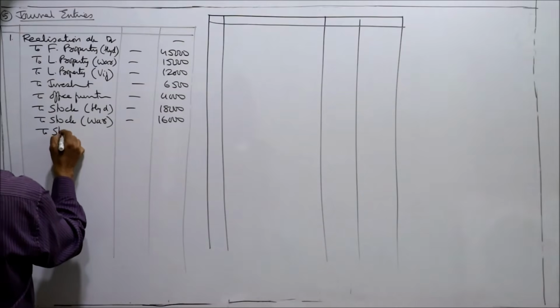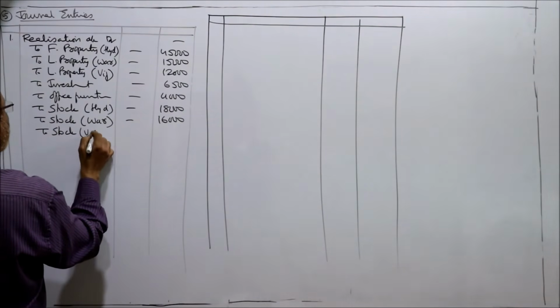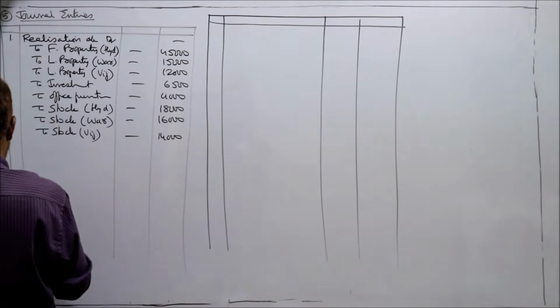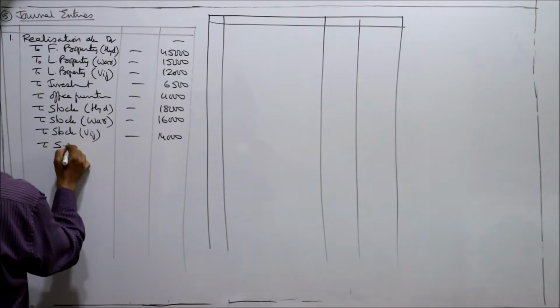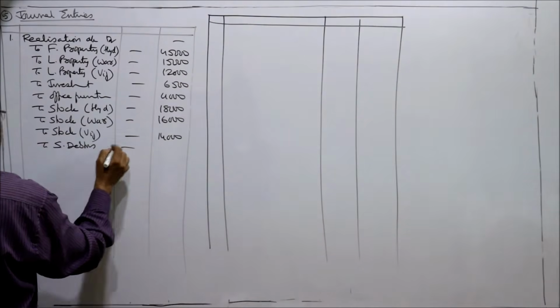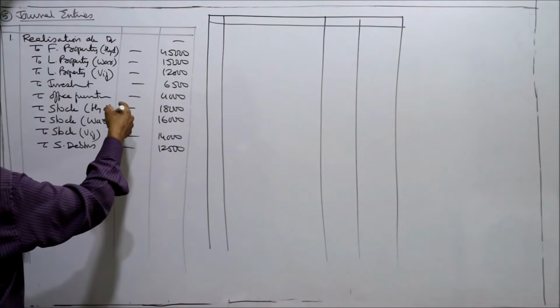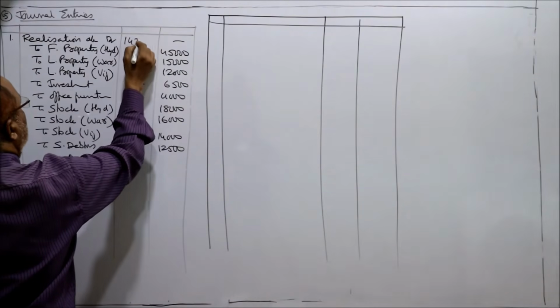To stock Vijayawada 14,000. To sundry debtors 12,500. The total of all these assets is 1,43,000.